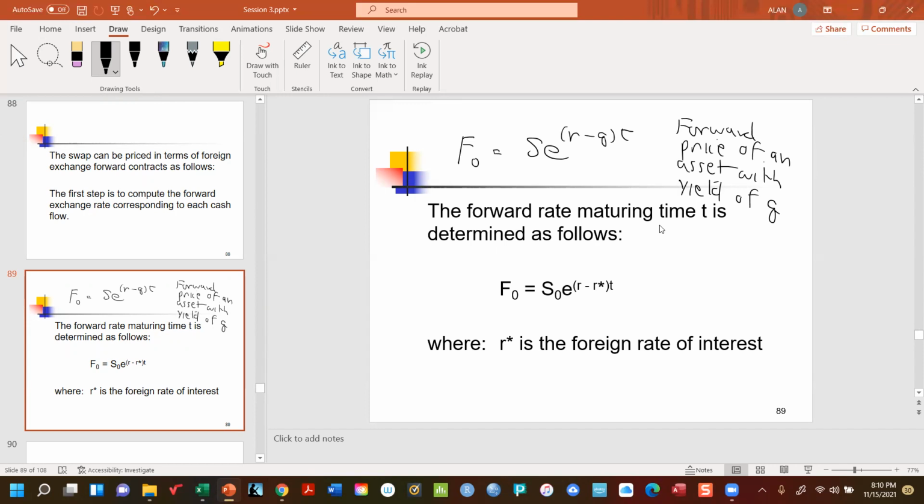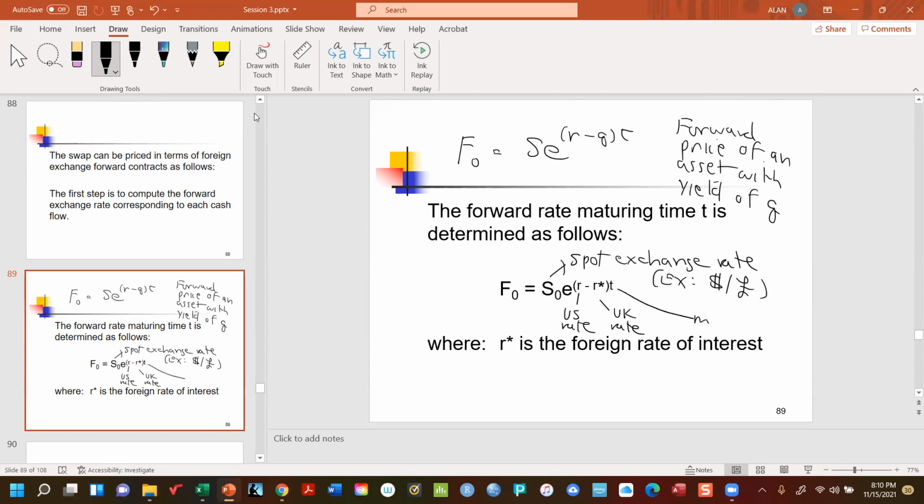If we're specifically talking about currencies, this S is a currency. Or actually, what I should say is it's the spot exchange rate, and that could be, for example, dollars per pound. That would make this the US rate, and this the UK rate.